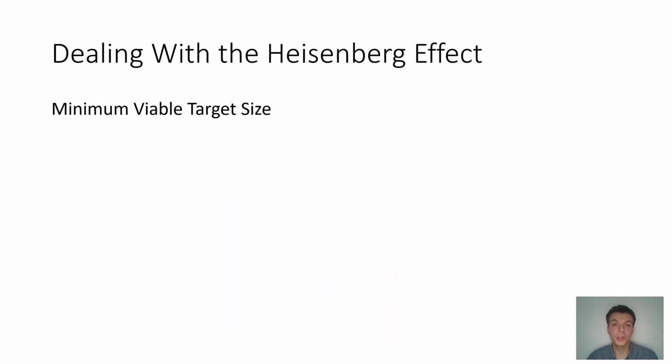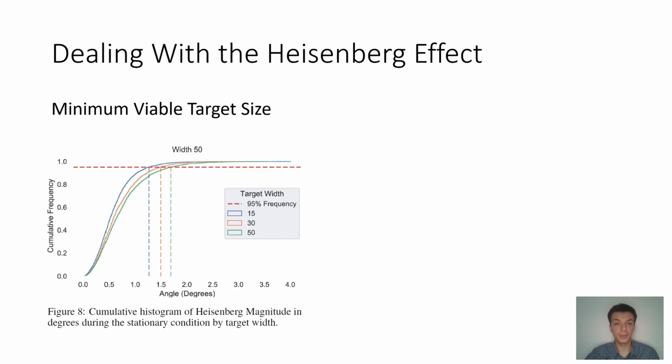Another compensation strategy could be to use larger target sizes. So use targets that are large enough to compensate for the Heisenberg magnitude. If we look at the cumulative histogram of our data, we can see that even for the largest targets that we used, 95% of the Heisenberg errors happened below a value of 1.7 degrees. So the Heisenberg magnitude was on average 1.7 degrees for this target.